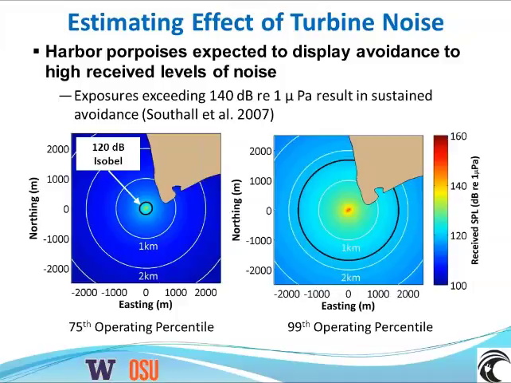And the data that's informing this is measurements of a similar 6-meter device deployed at the European Marine Energy Center. So on the left side, you're seeing the results for the 75th operating percentile. That's the amount of noise in broadband SPL that would be produced by the project 25% of the time. At least that much noise is generated 25% of the time.